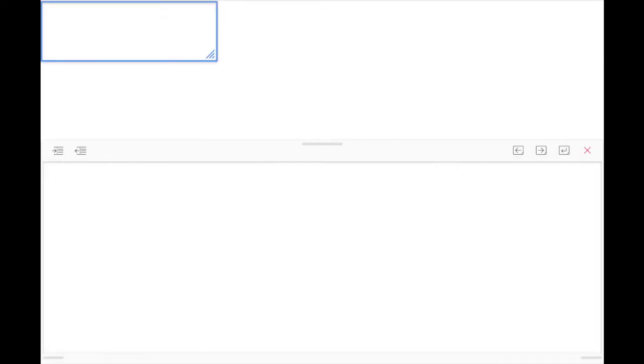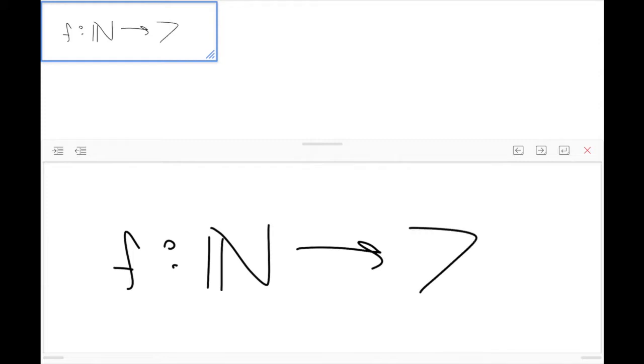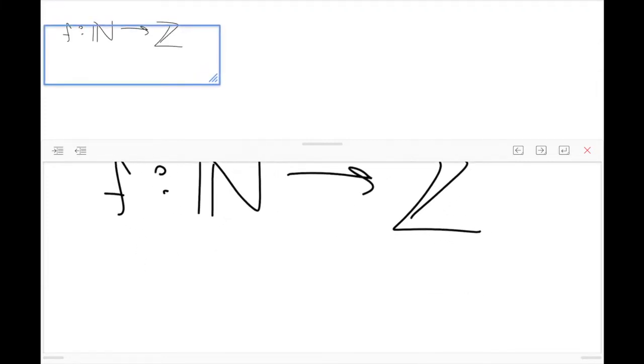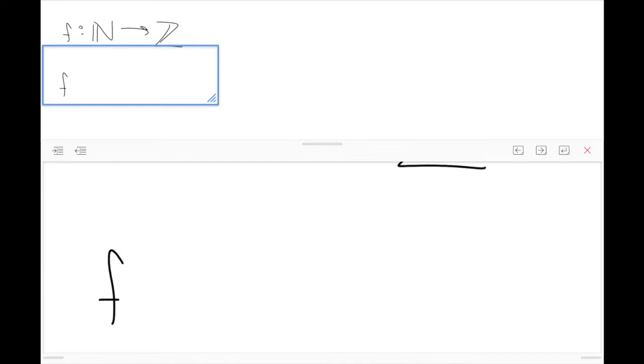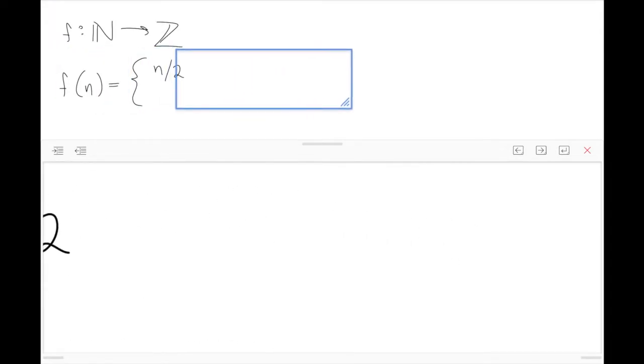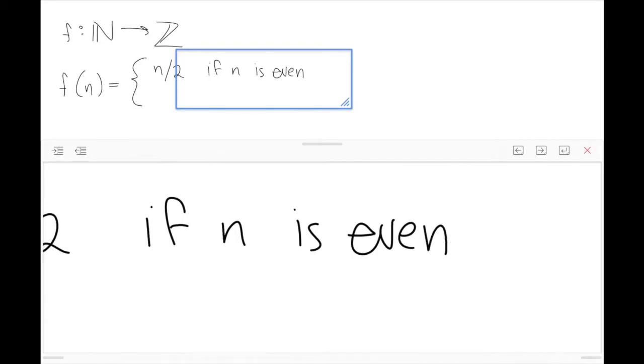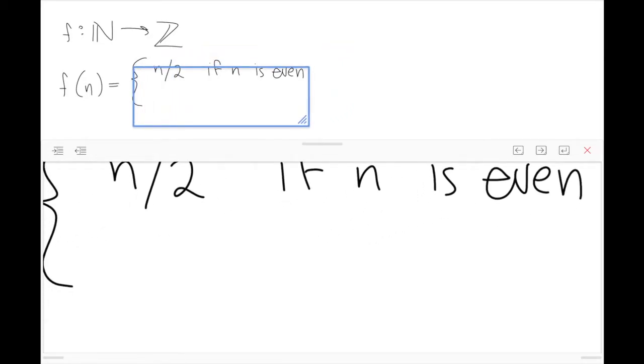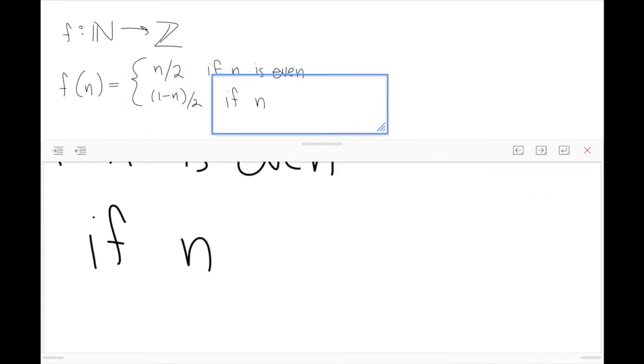Let's take the example of a function f that maps the natural numbers to the integers, and let's define it by f of n is going to be equal to n divided by 2 if n is even, and let's define it by 1 minus n over 2 if n is odd.